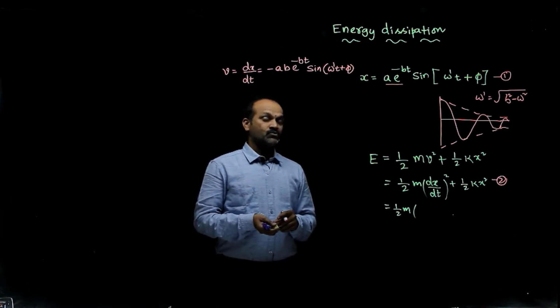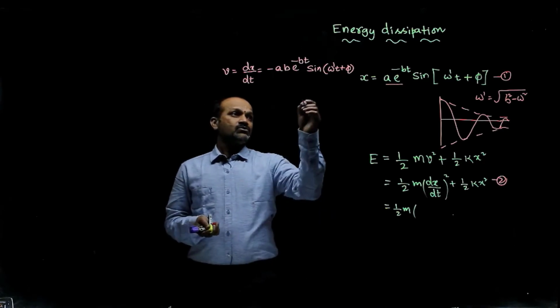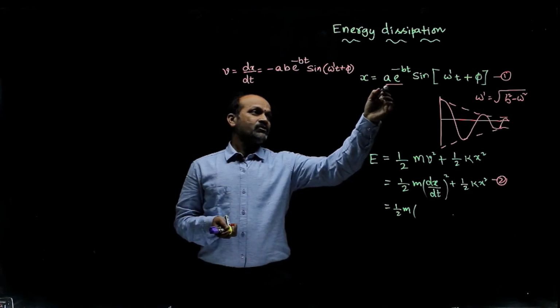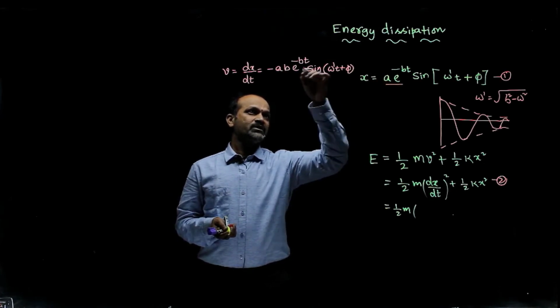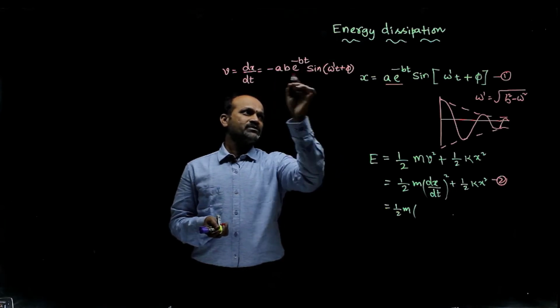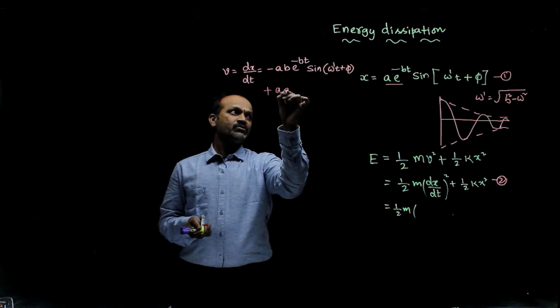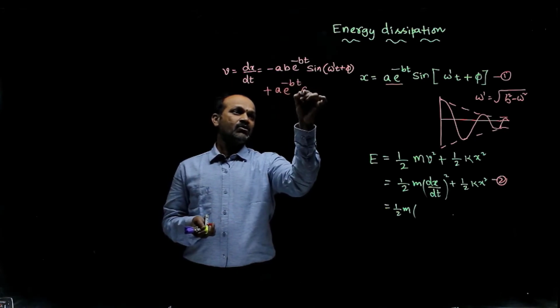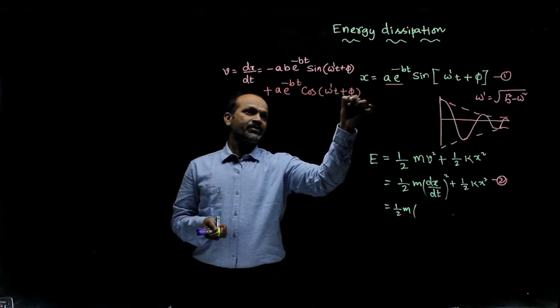So omega dash is root of b square minus omega square. Here we applied the differentiation of a into e power minus bt, giving e power minus bt into minus b into sine of omega dash t plus phi, plus u into v dash, where v dash is cos of omega dash t plus phi into omega dash.